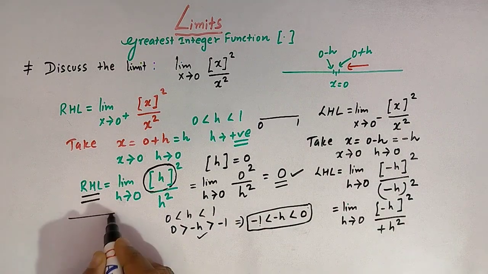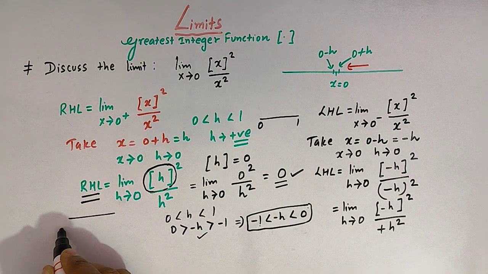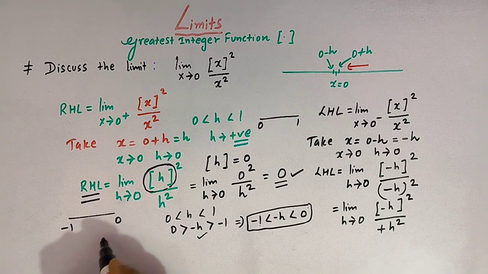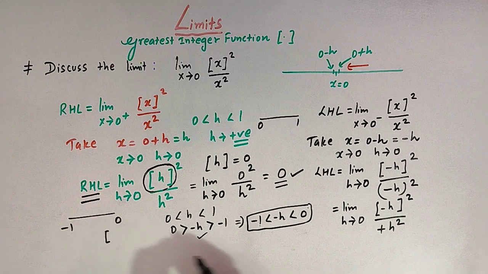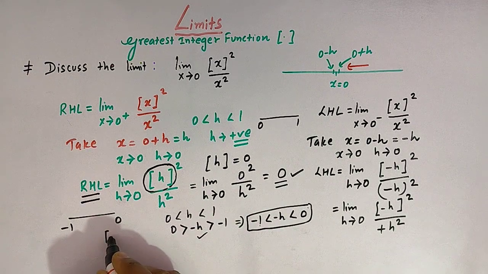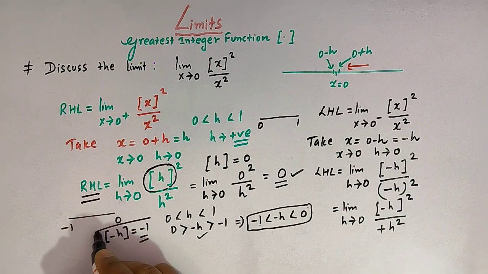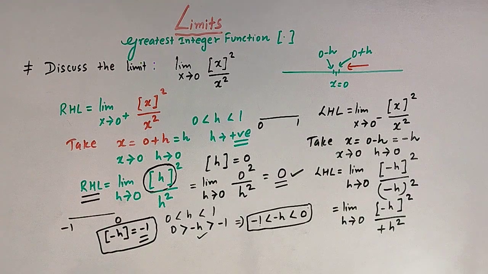By the definition of the greatest integer function, the value of greatest integer of minus h is minus 1. This is an important result.